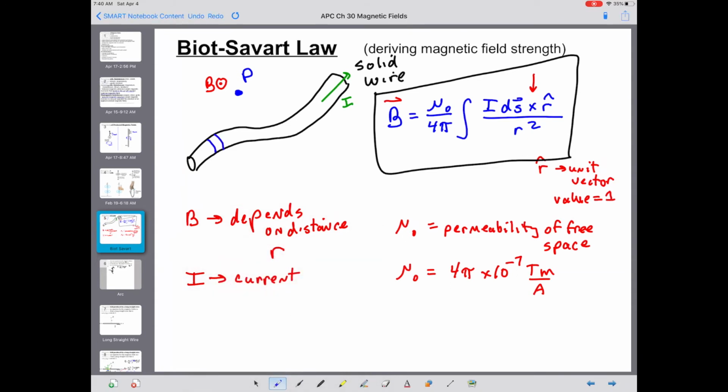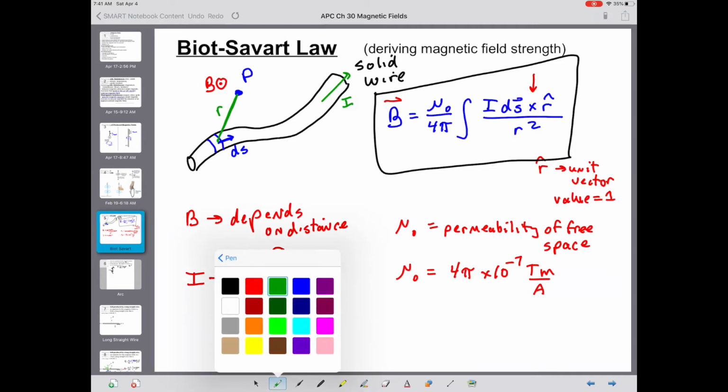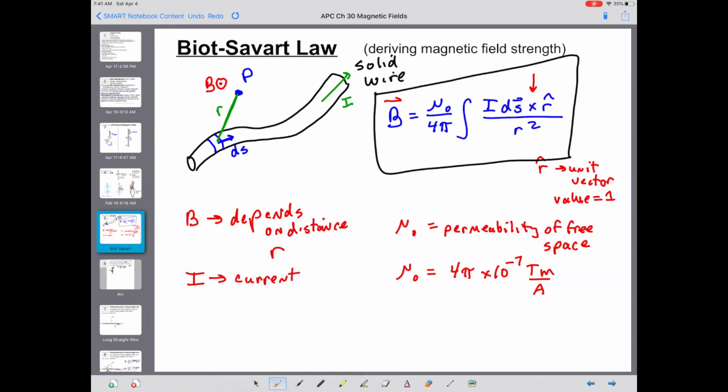So if I spell out a little chunk of the length here, then ds would be a little chunk of that length. R is the distance from our chunk out to point P. So that would be R. Then our unit vector would be just a little vector of magnitude 1 that would point in that same direction.